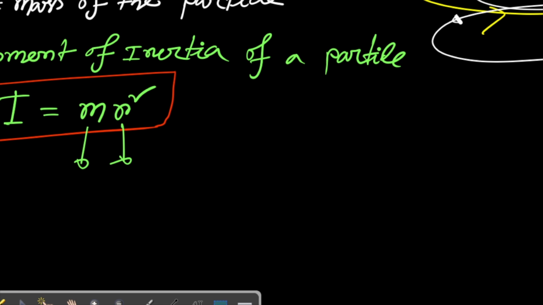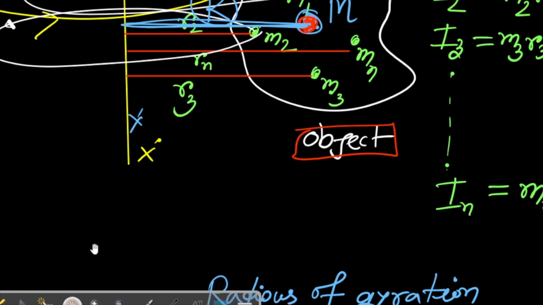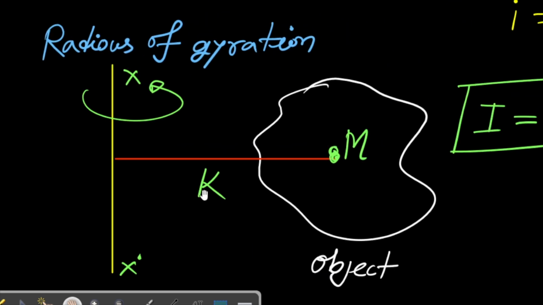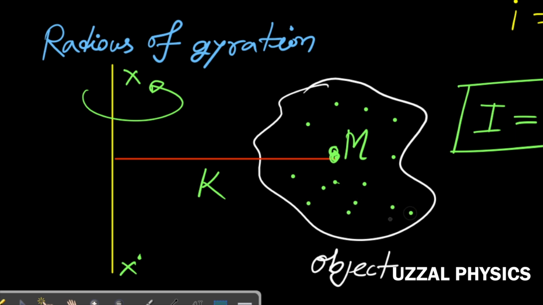So here this distance is the average distance. As we cannot find it for every particle of an object, since an object has a large number of particles, every particle has a different distance.